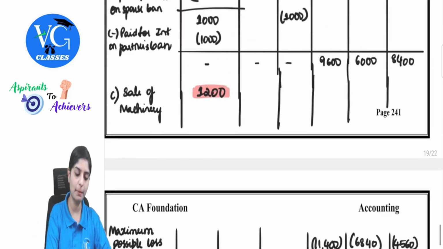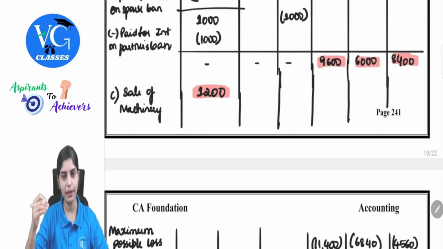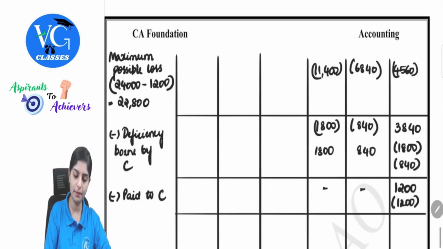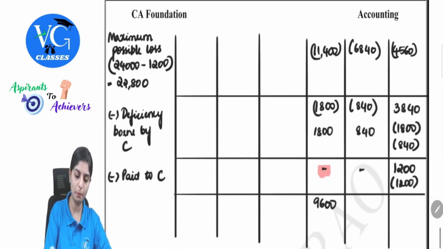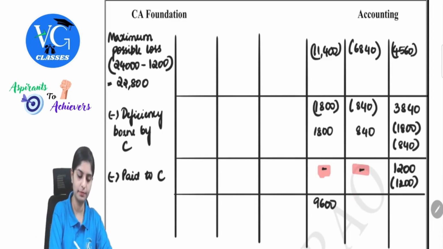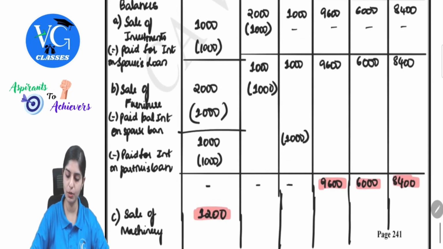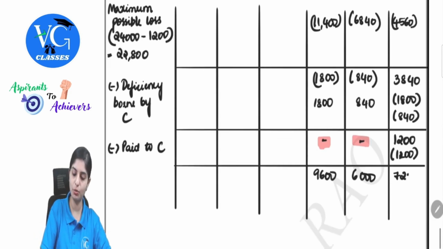Now the actual outstanding balances of partners need to be compared with any outflow to find the proper balances. 9,600, nothing was given to A, so A will carry forward 9,600. Further, 6,000, nothing was given to B, so B will also continue with 6,000. For C, 8,400 was outstanding. We paid 1,200 to C, so the remaining is 7,200. I hope each one of you is understanding what we are doing.